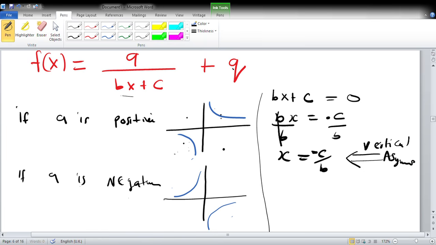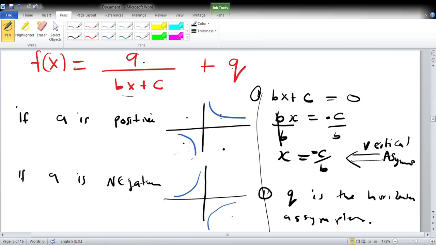What is the q telling you? The q is the horizontal asymptote. That's the information you need to know. Once you know this, you should be able to sketch any hyperbolic function of that form.